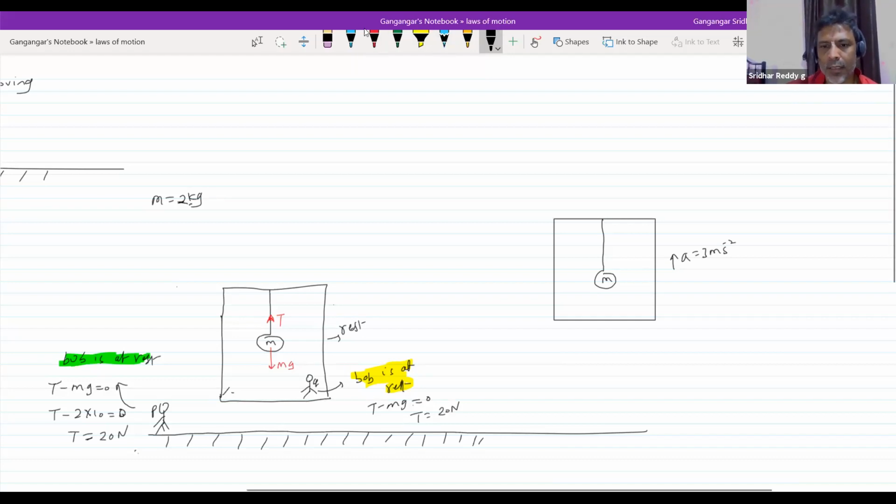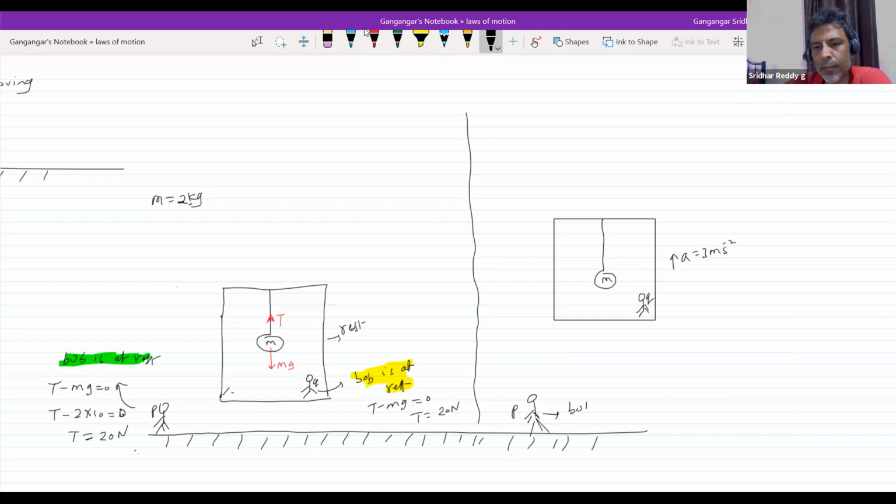So there's a person on the ground, and there's a different situation now. What is the state of the lift? The lift is accelerating. There's a person P, and the person inside, let it be Q. Now what will person P on the ground say? Bob accelerates upwards. Is that okay now?